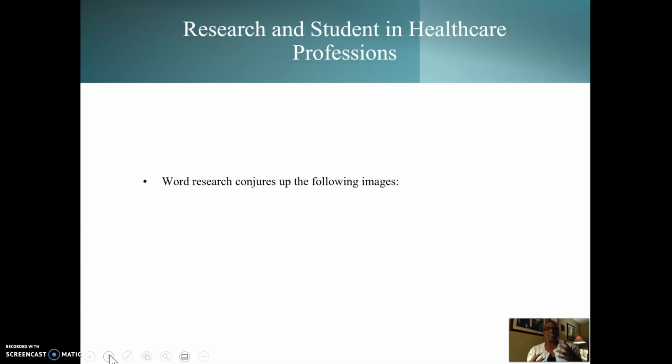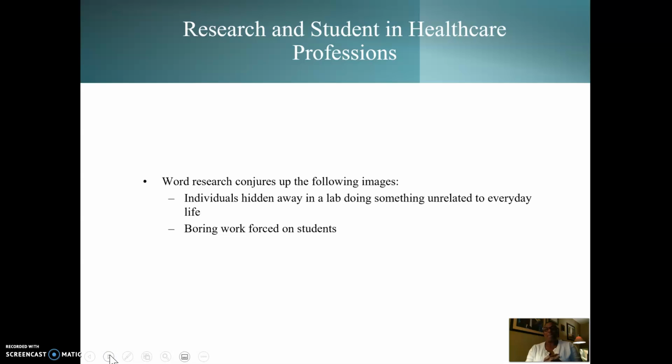As I mentioned earlier, that word research can conjure up the following images. Your textbook brings up a few. It conjures up an image of an individual hidden away in a lab doing something unrelated to everyday life. Or maybe you may be thinking that it's boring work that's being forced on you as a student in the program.